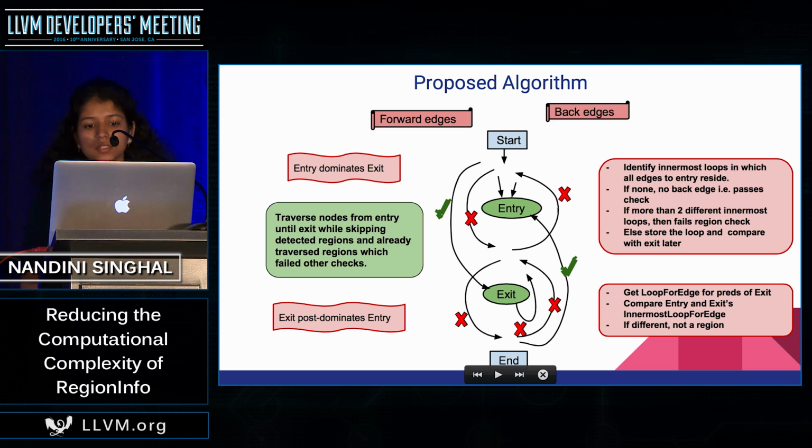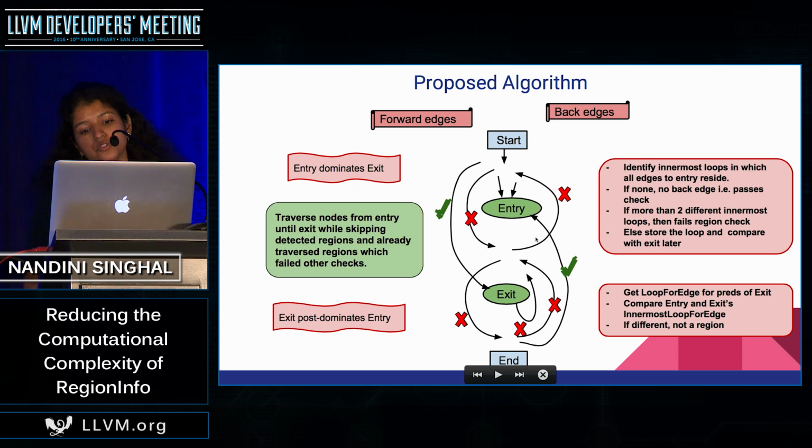Coming to back edges, you have two types: from within the region to above the region, and from below the region into the region. The first one you identify by identifying all the innermost loops in which the basic block resides. Once you've done that, you check: is the loop coming from below or from within? How do you do that?